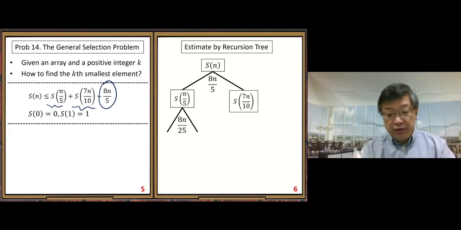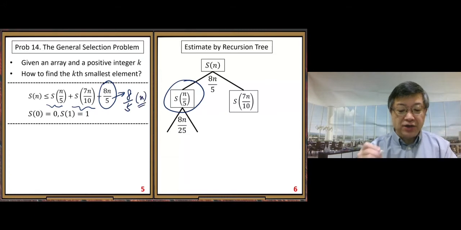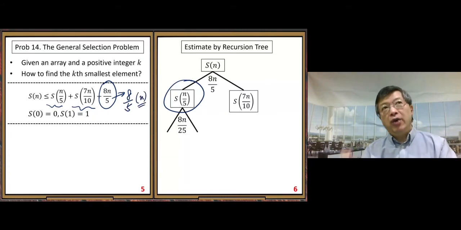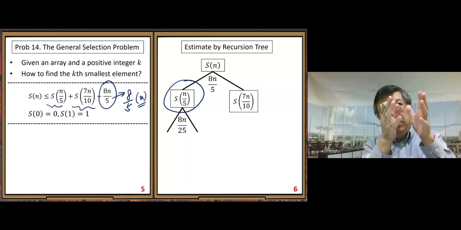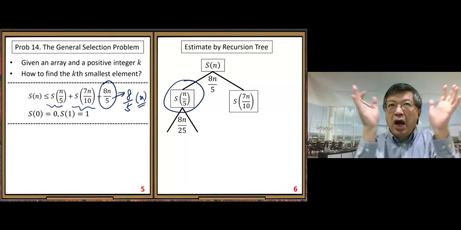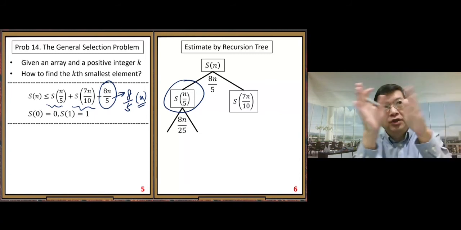For each node, look at this: 8n over 5, can we treat it as 8/5 times the problem size? Yes, we understand it this way. 8/5 multiplied by the problem size. That's the way we estimate the non-recursion term.